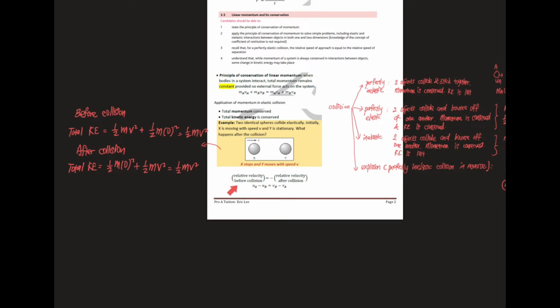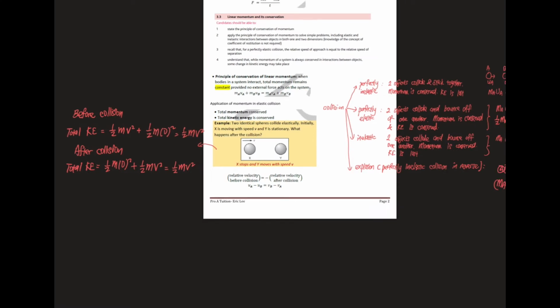Okay, so next formula, relative velocity before collisions equal to negative relative velocity after collisions. So it means UA minus UB equal to VB minus VA. So this is a valid equation for perfectly elastic collision only.